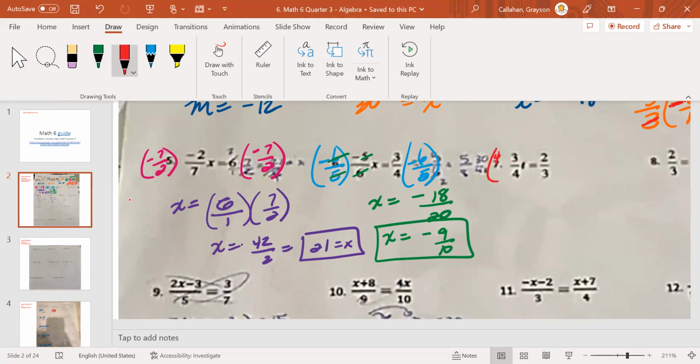You always want to identify where the letter is, because those are the numbers you want to get rid of, on the side where the letter is.